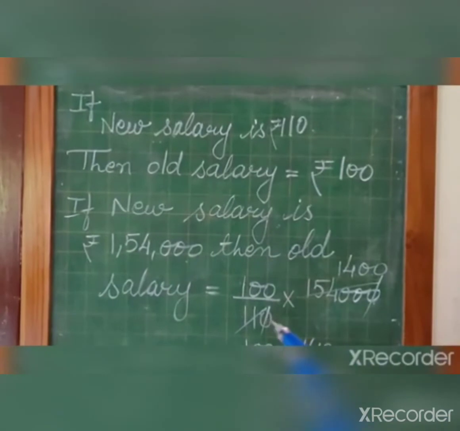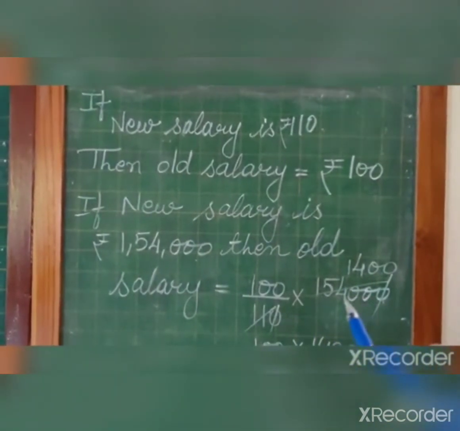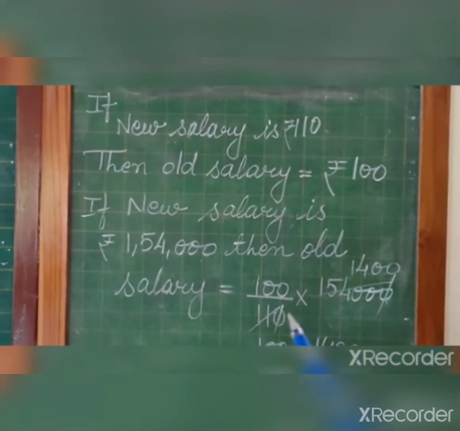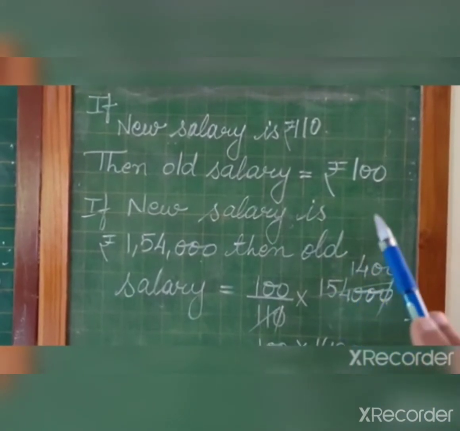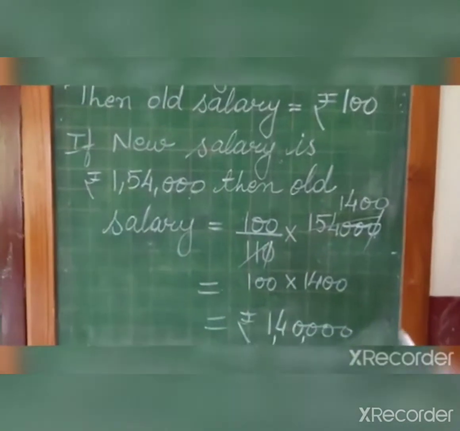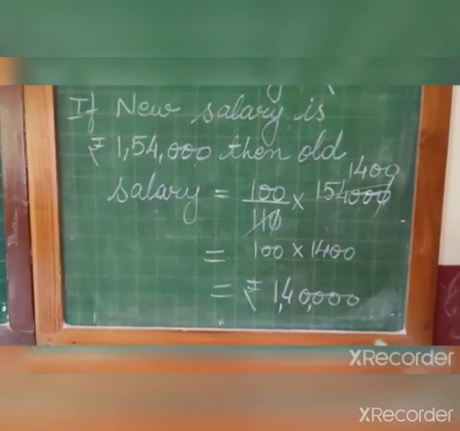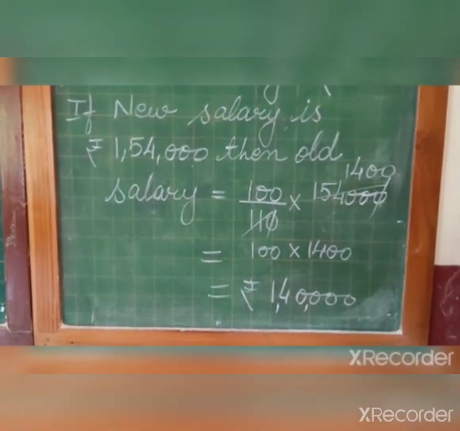So this 0 you will cancel by this 0. Divide the value, that means 15,400 divided by 11. It is divisible: 11 ones are 11, 11 fours are 44, and 2 zeros as it is. So 100 into 1400, so the original salary is 1,40,000. Okay.